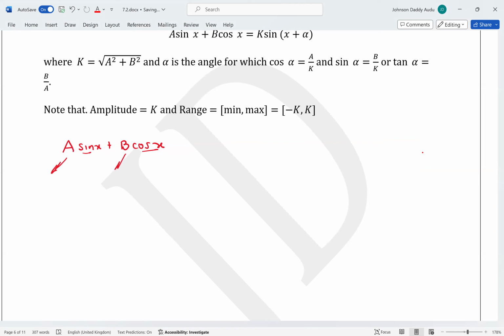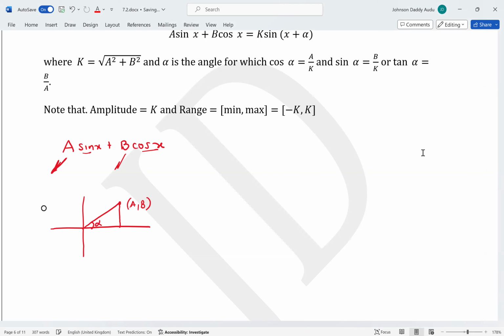Now let's consider a. Since I know a has to be related with cosine, let's take a point that has to do with a and b, let's say in the first quadrant, just for example. So we know that the x coordinate is going to be related with cosine, and the y coordinate is going to be related with sine.